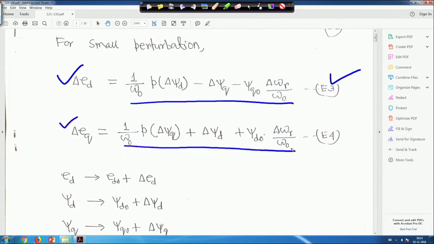In the previous case, as it is a small perturbation, there it was psi q into delta omega r by omega 0. But when you are just making a small perturbation, psi q can be changed to psi q 0. Similarly, psi d will be changed to psi d 0.